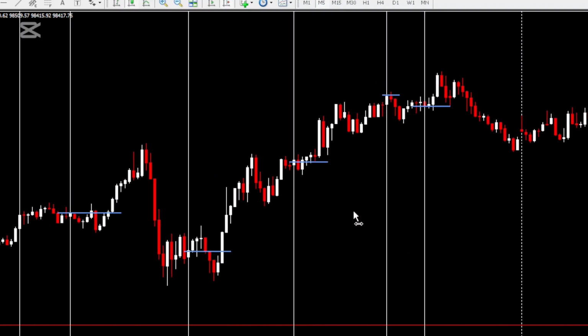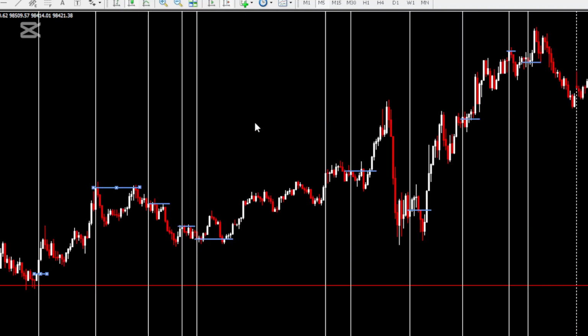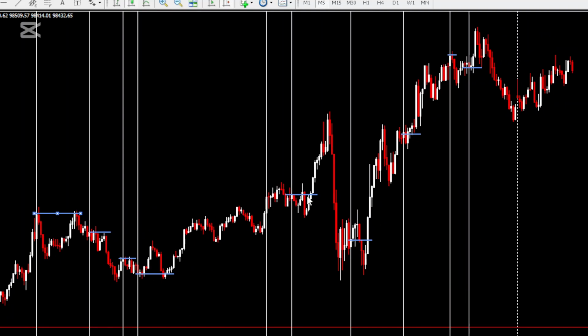All right, so that is what happened in the market. Let me compress the chart so you can see all these wonderful support and resistances that we figured out a day in advance when the market turns were going to happen.